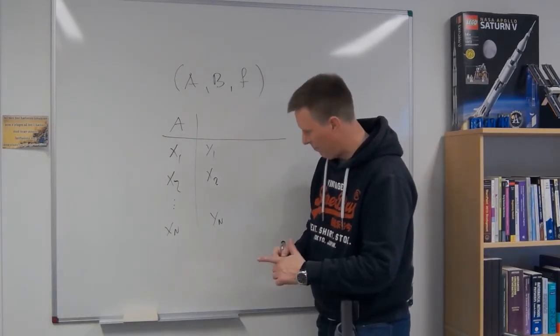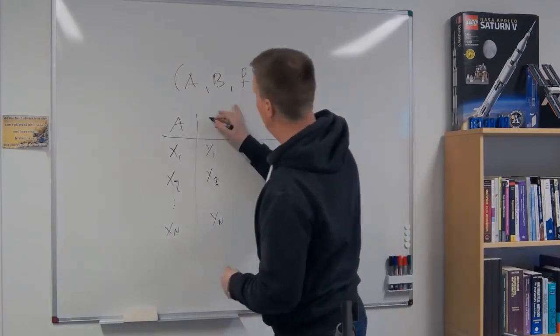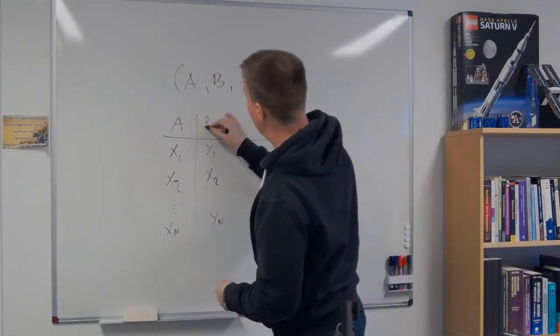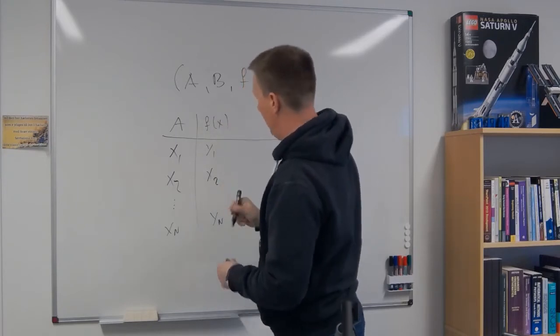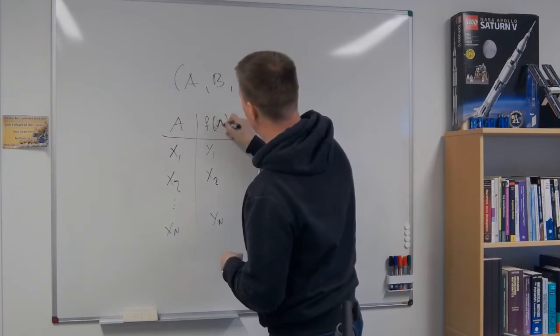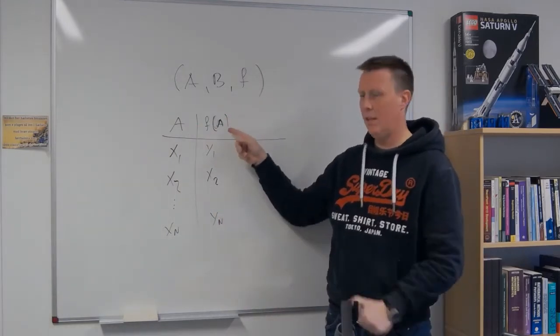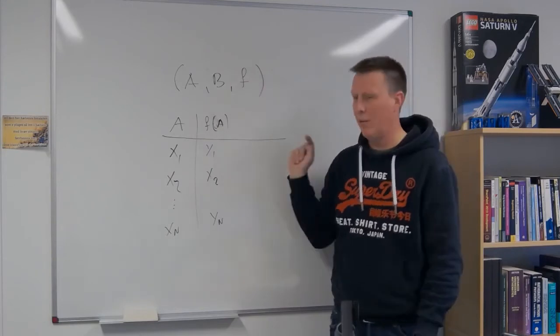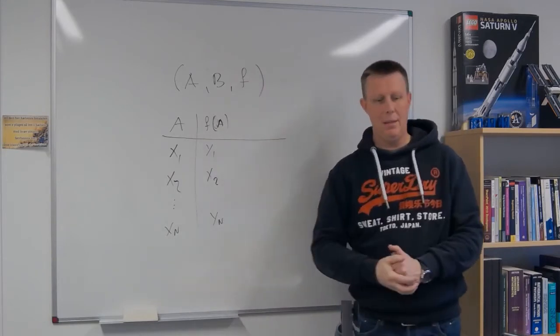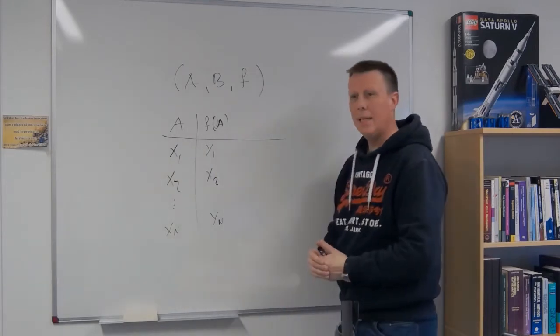So that's basically it. This is f applied on A: we pick elements from A, we pick elements from B and we test them with the rule f, and this is what we get. And that's basically it.